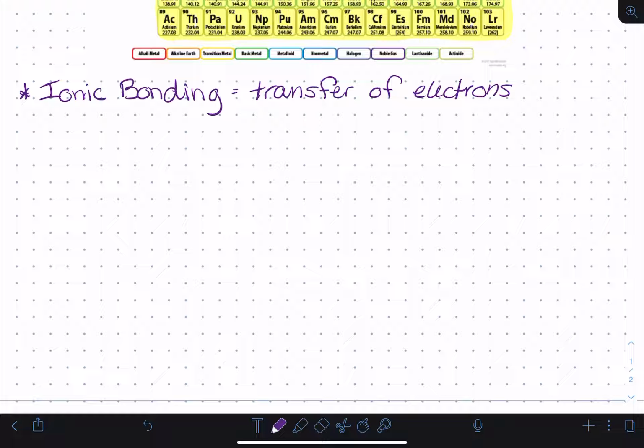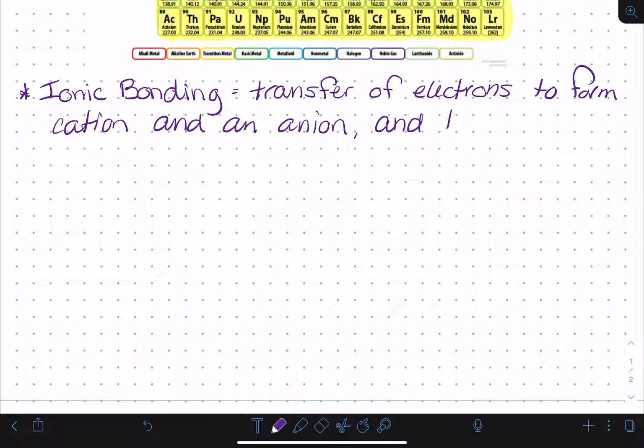When something gains electrons, it becomes an anion, a negatively charged ion. When something loses electrons, it becomes a cation, a positively charged ion. So we're transferring electrons to form a cation and an anion. And those oppositely charged ions, opposites attract, will be attracted to one another. And that attraction is actually your bond.